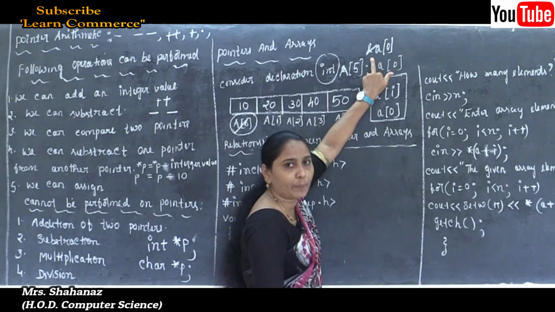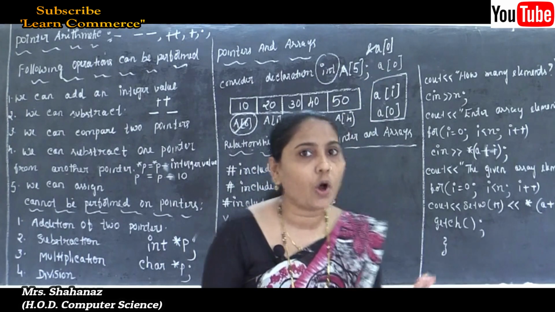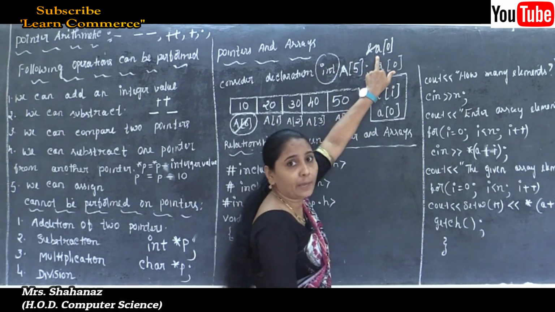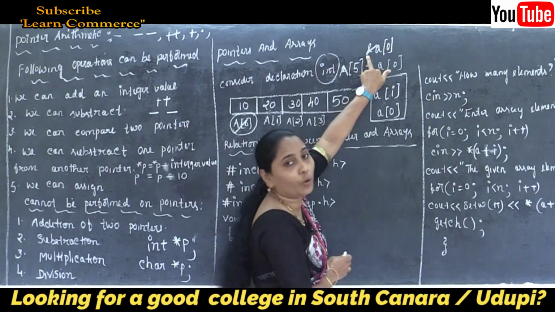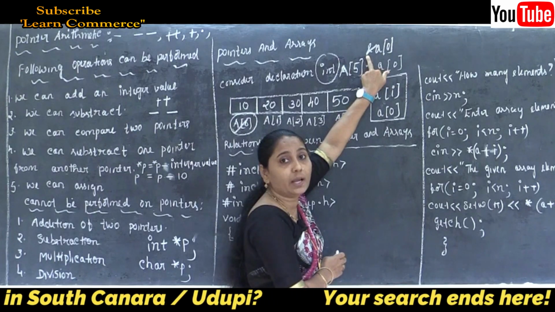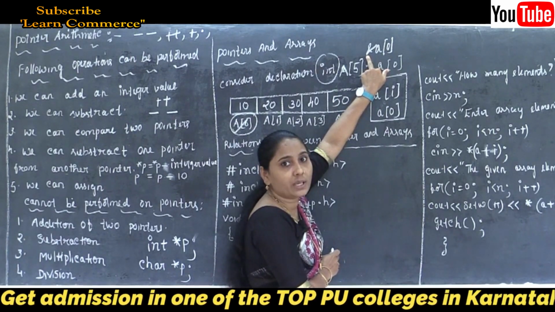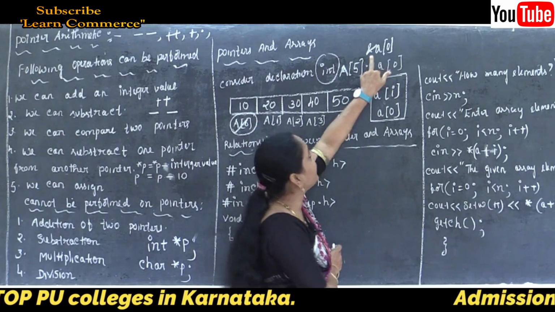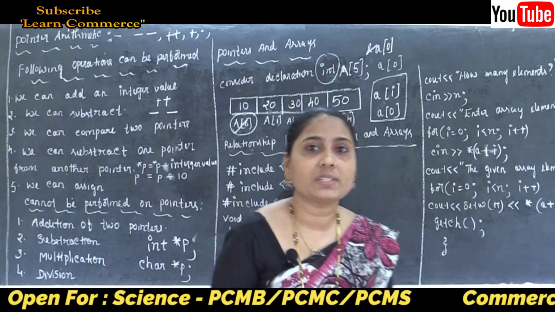So finally, the address of A of 0 can be explicitly, meaning openly, obtained by using the address-of operator, written as ampersand A of 0.